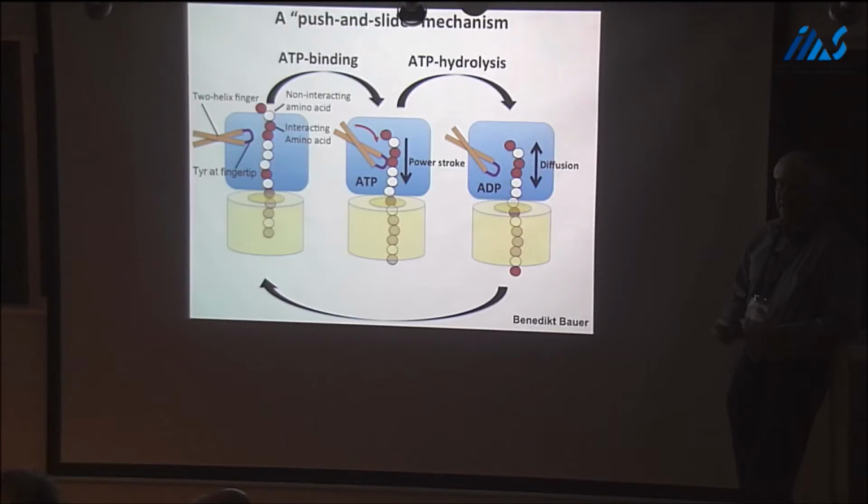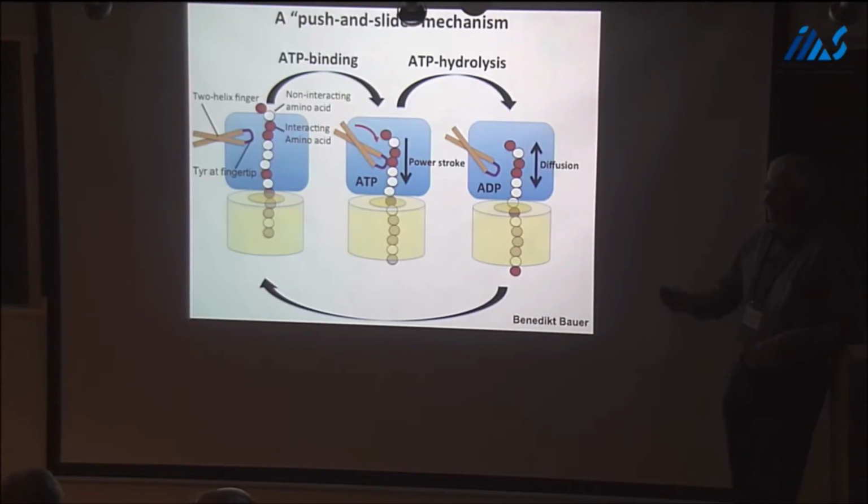It takes about a minute or so to translocate, let's say, 200 amino acids. It's incredibly slow. And if you think about the co-translational mode, the rate of translocation is determined by the rate of translation. And you make about 20 amino acids per second in a normal eukaryote.